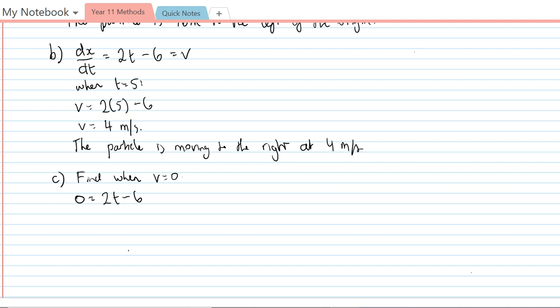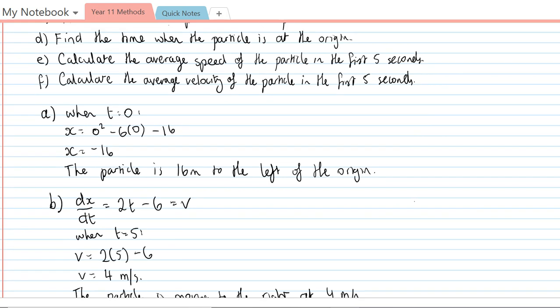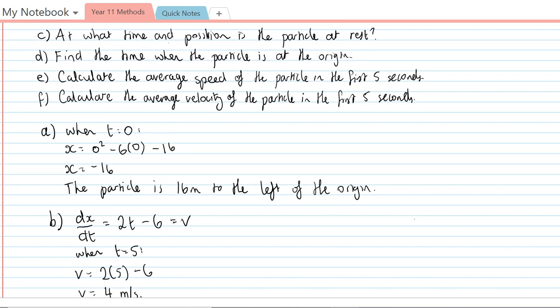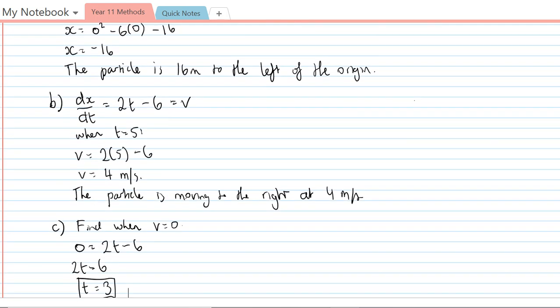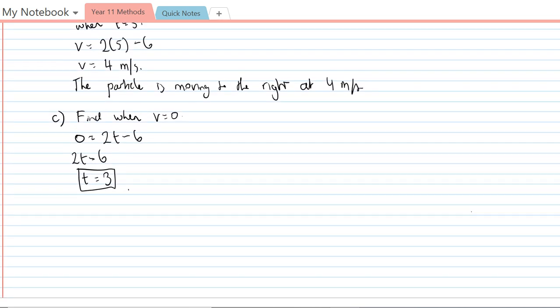I can solve this quite quickly by adding 6 to both sides. 2t equals 6, and then dividing by 2 to get t equals 3. And the question was, at what time and position is the particle at rest? So I know the time is 3. Still need to find the position.